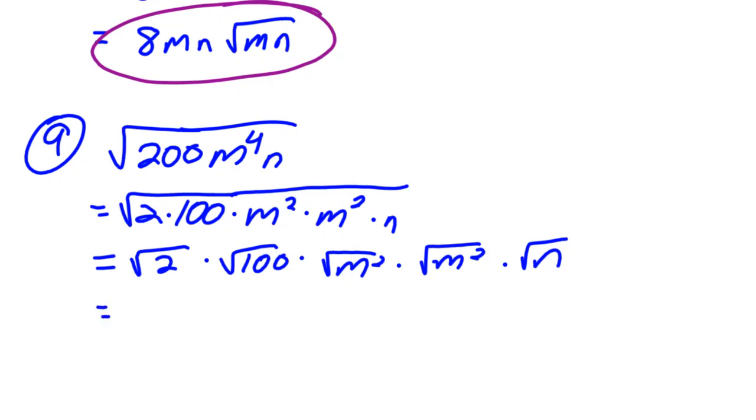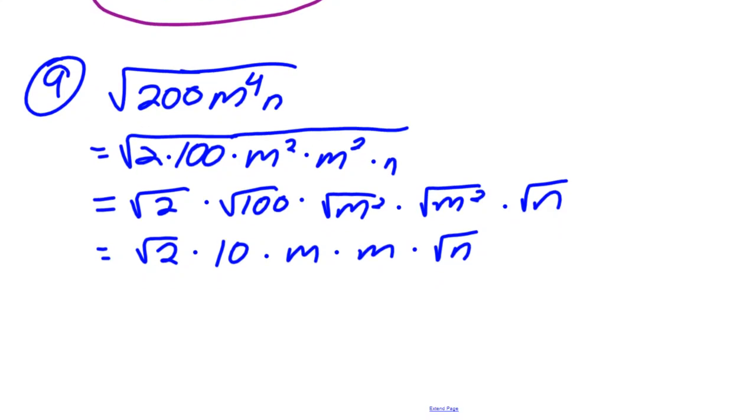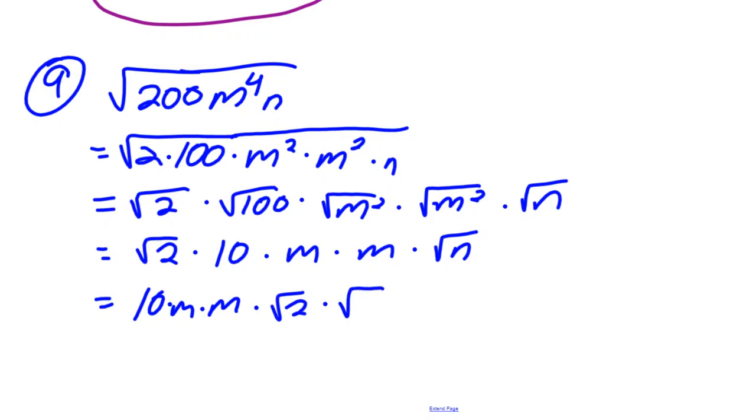Rad 2 can't be simplified any further. Rad 100 is 10. Square root of m squared is m. So is that one. And rad n is going to stay as it is. If I reorder this, and in our final step, write 10 m squared rad n.